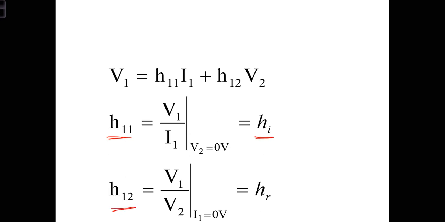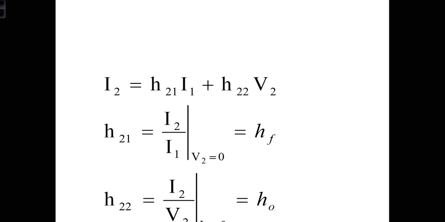H12 is V1 by V2, provided I1 is 0, and it is HR. Like this, you will get 4 parameters, which you calculate from these two equations. So this is the basic definition.